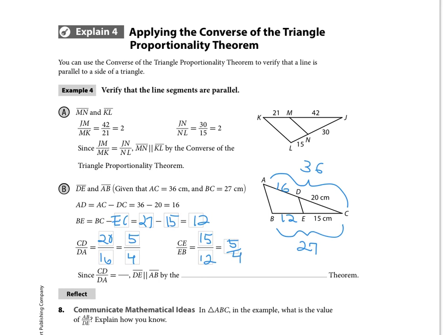So since CD over DA does equal CE over EB, then yes, we can conclude that DE and AB are parallel. And remember, the reason there is the converse of the triangle proportionality theorem.